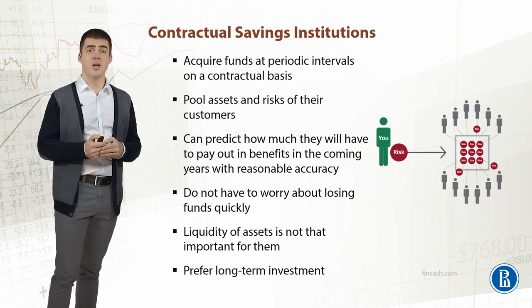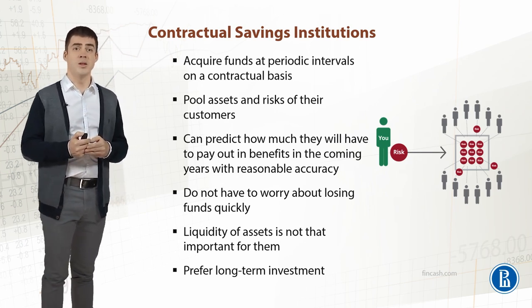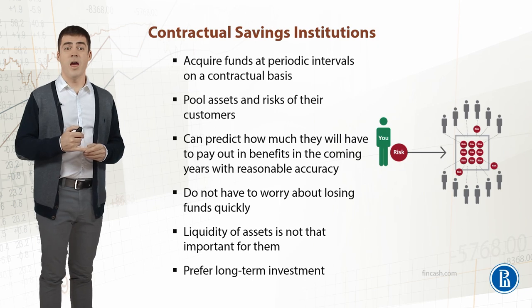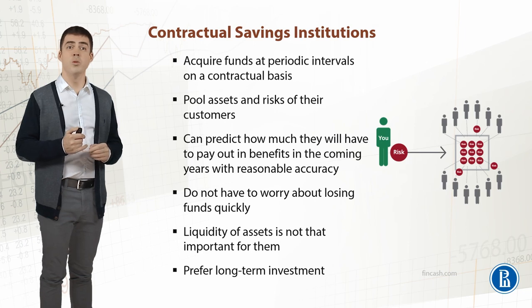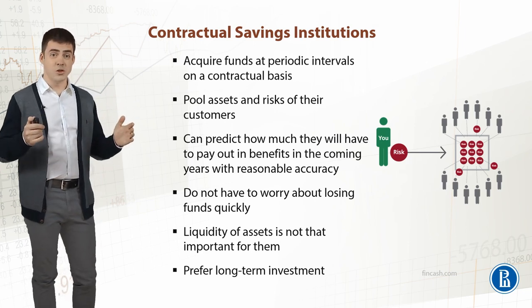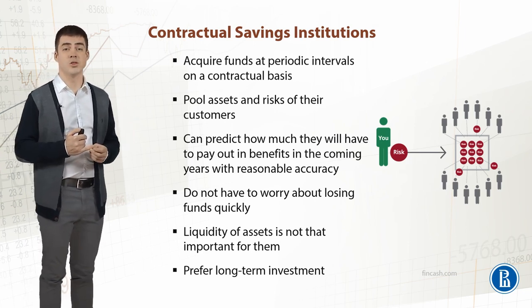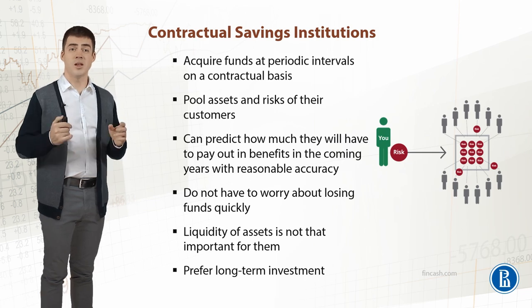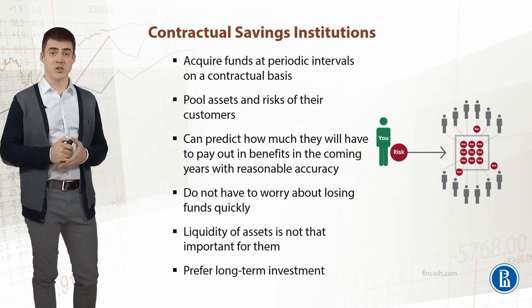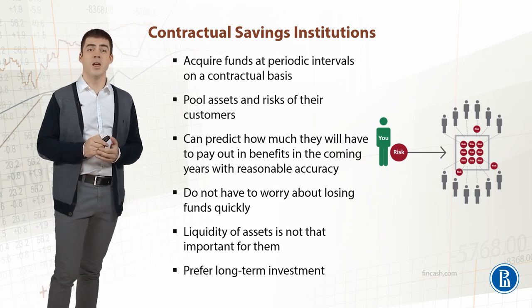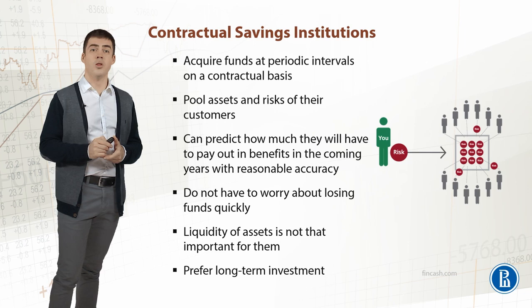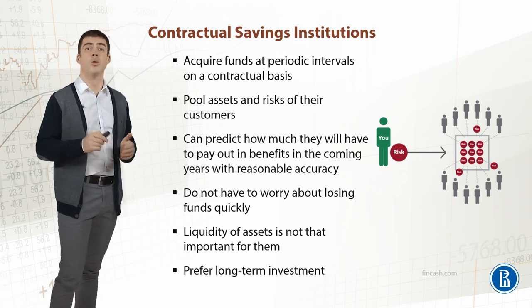For this reason, they can make their liabilities rather predictable and are not interested in maintaining high liquidity of their assets, something which can be very essential for depository institutions. This is not the case for contractual savings institutions. That's why liquidity of assets is not their top priority, and they prefer long-term investment with moderate or low risk.